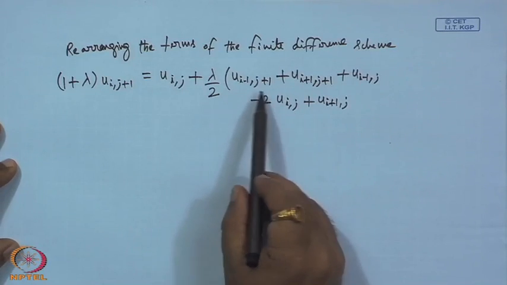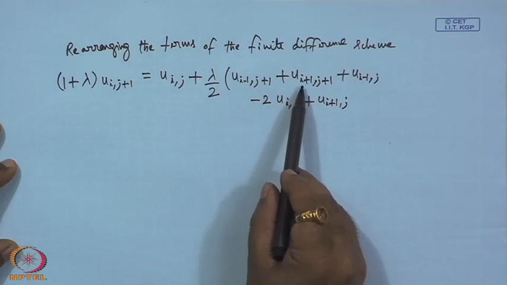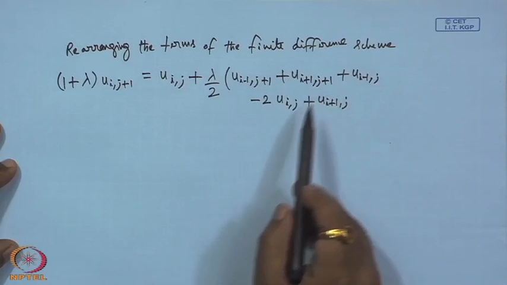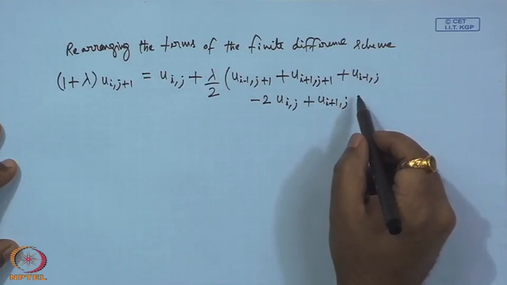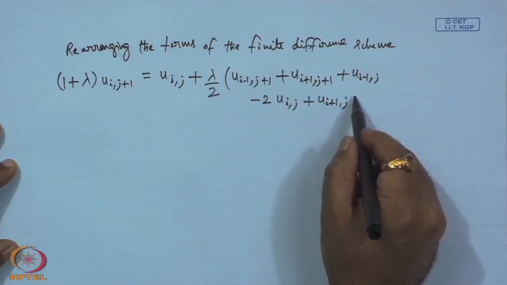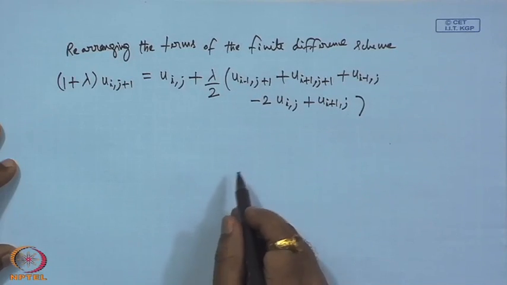So, i minus 1 j plus 1, i plus 1 j plus 1, i minus 1 j, i j, i plus 1 j. Okay. So, this is the grouping.